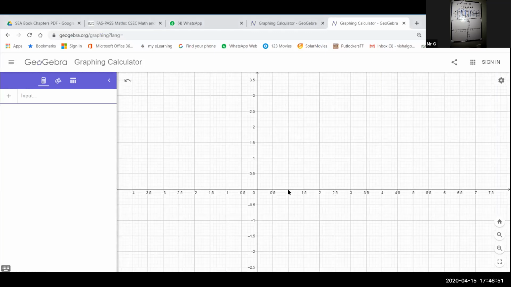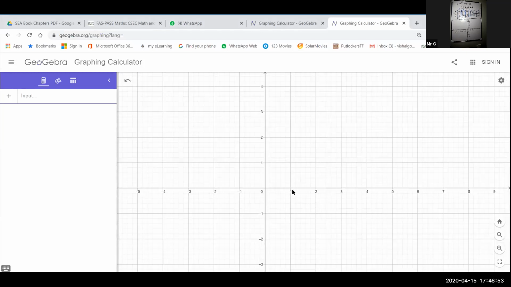One of these blocks here represents 2 centimeters. Since our values are very small, we can use one block representing 2 centimeters, and 2 centimeters represents 1 unit. 1, 2, 3, 4, those are called 1 unit.